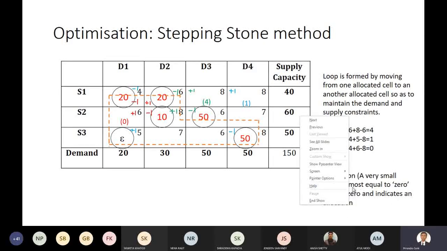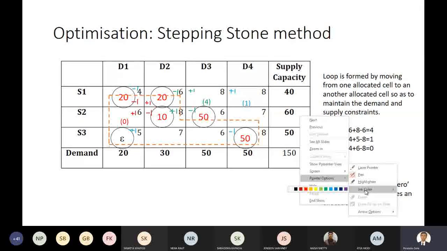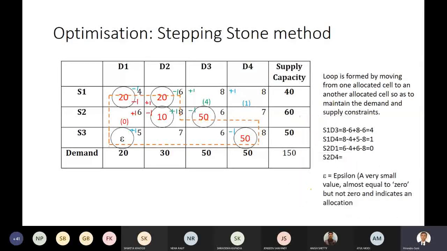+1 here. Okay. So ठीक है, we will put this one. Okay, so I will have a +1 allocation here. So in this cell, you will have it as -1.